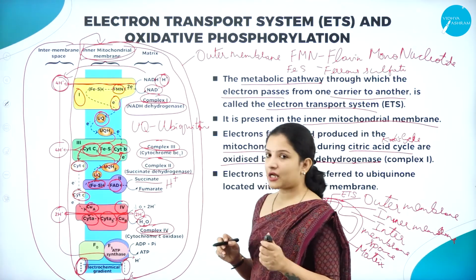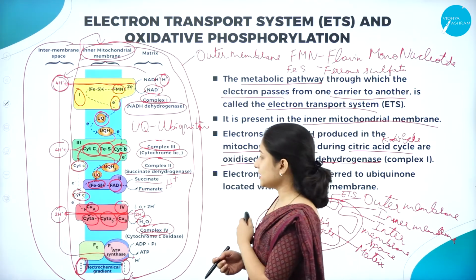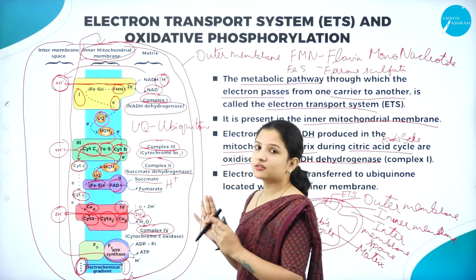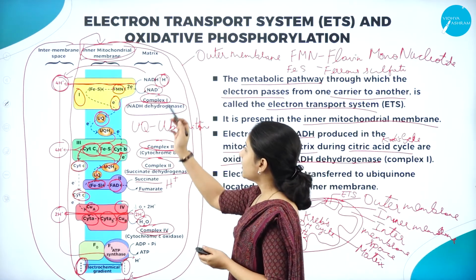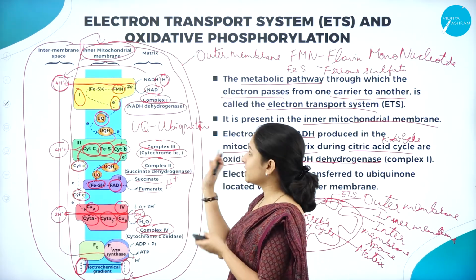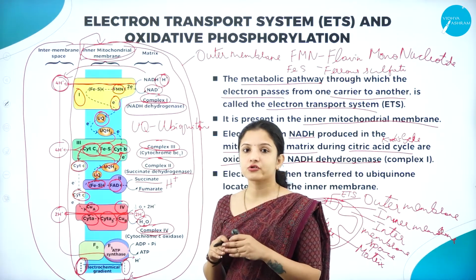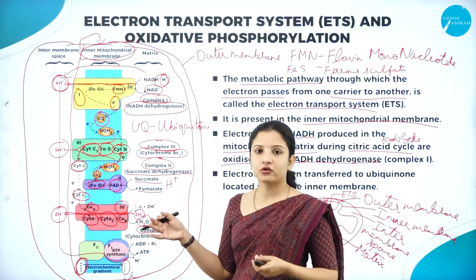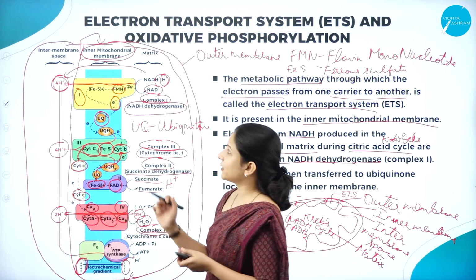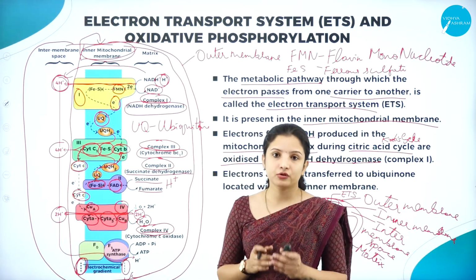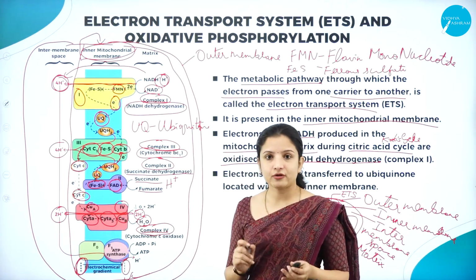So, it is during that time certain proteins or certain complexes come to help. We shall see about that in the next slide. In this particular slide, we have understood how electrons are transported through different complexes, then how the hydrogen ions travel from the matrix to the intermembrane space, and when the concentration of hydrogen ion increased, it resulted in the creation of an electrochemical gradient, and that electrochemical gradient is now making the inner mitochondrial membrane impermeable to the hydrogen ions, therefore not letting them pass into the mitochondrial matrix.